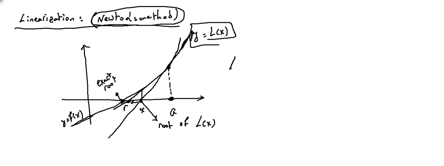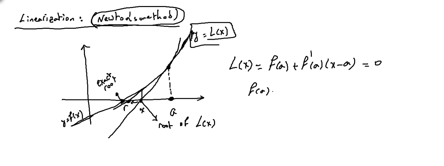We call this the linear method. What is the linear model? We found it in the previous video as f of a plus f prime of a times x minus a. Taking this equal to 0, let me take f of a to the other side: f prime of a times x minus a equals minus f of a. Let's find x in terms of f of a and f prime of a.